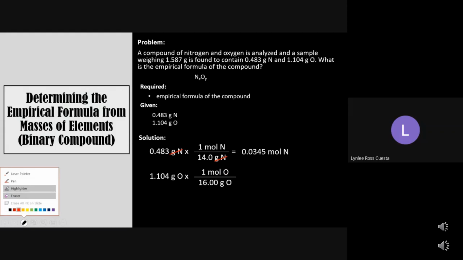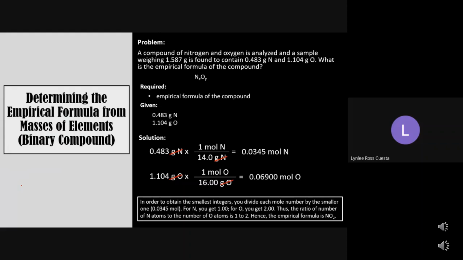We cancel out the grams of oxygen and then calculate 1.104 times 1 over 16, and we get 0.069 mole of oxygen.